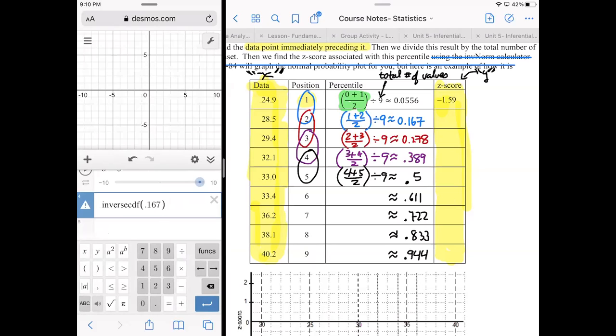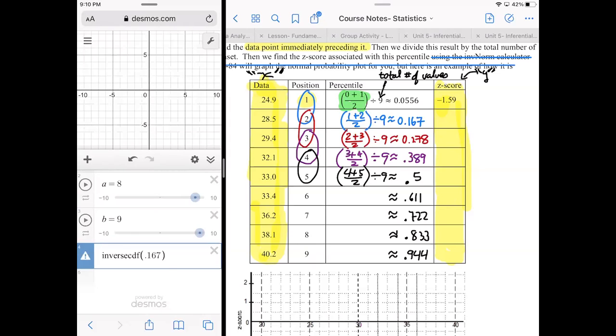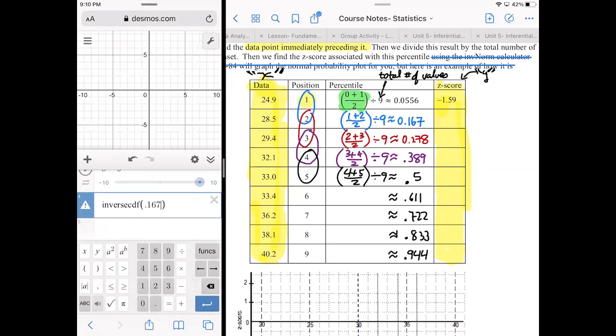Sorry, I'm thinking of a different function. It actually should have reported the value. Time out. I think I'm thinking of the GeoGebra one again. They're so similar that it's easy to get confused. So let's see. Inverse.